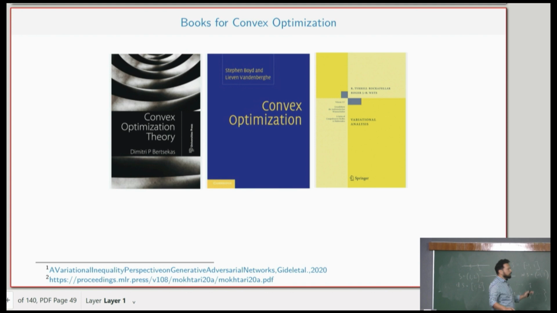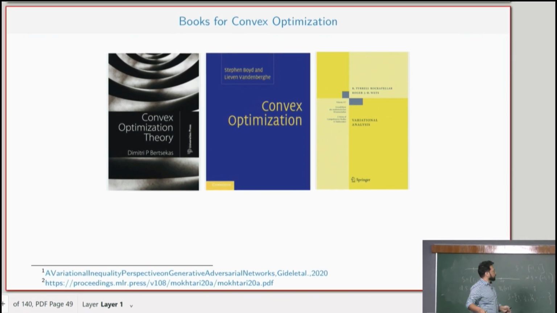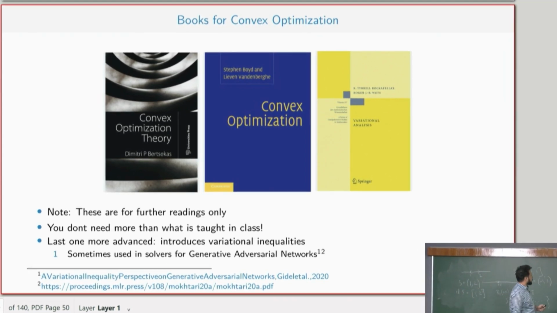As I said, some of the things I point out are advanced. You don't have to bother about that in this course right now.